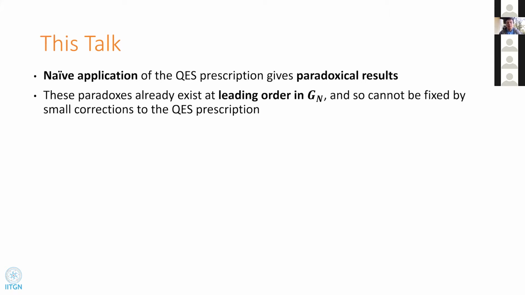And in fact, these paradoxes already exist even if you just treat the quantum extremal surface prescription as giving you the leading order 1/G Newton answer for the entropies. Even if you just assume that there can be corrections at all orders after that, that's not enough. These paradoxes and contradictions already exist. So something needs to be changed about this prescription, even at leading order. A qualitative change, not just a small correction.